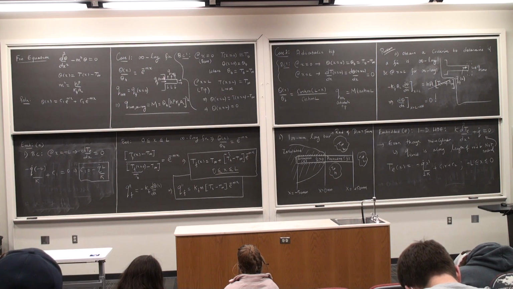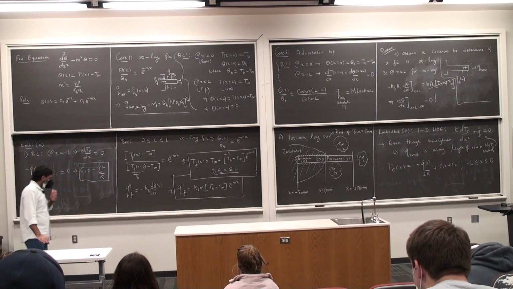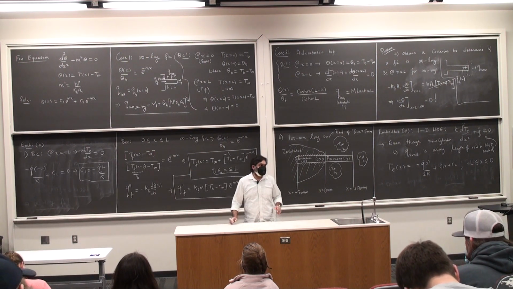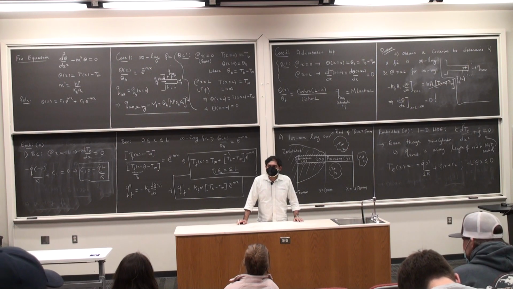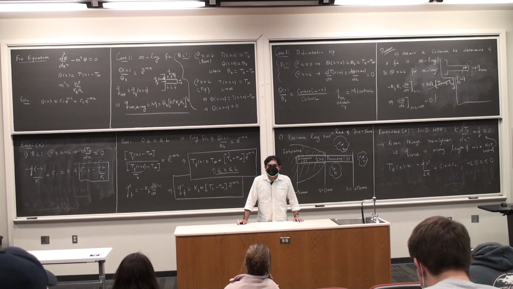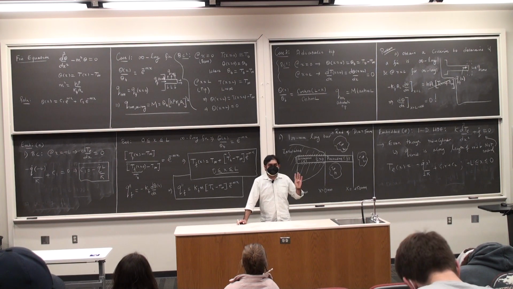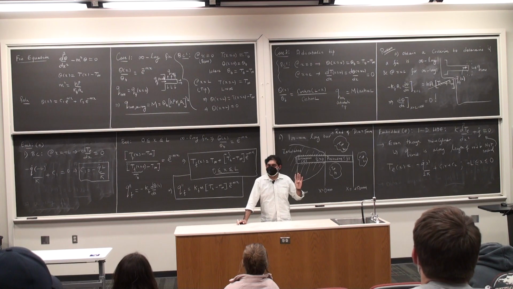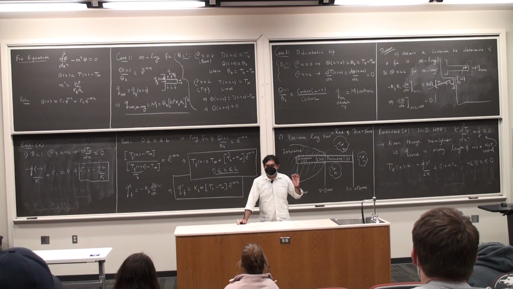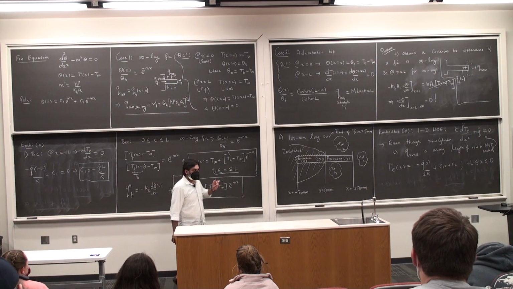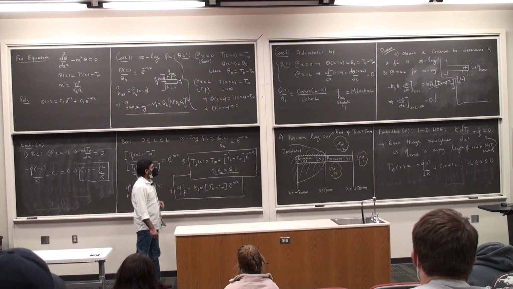What's the second boundary condition? So how many unknowns do I have? TB, the base temperature of the fin, C1, C2. There are three unknowns in this particular problem, right? As you can see, TB is not known.